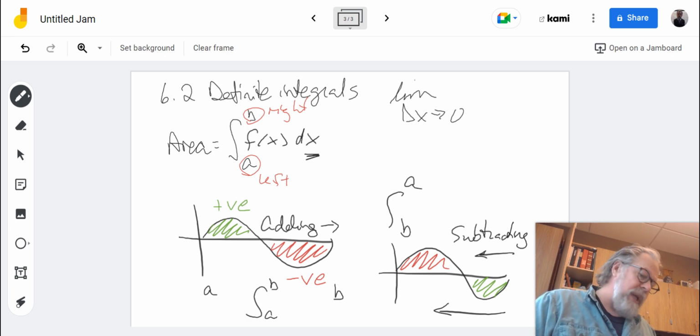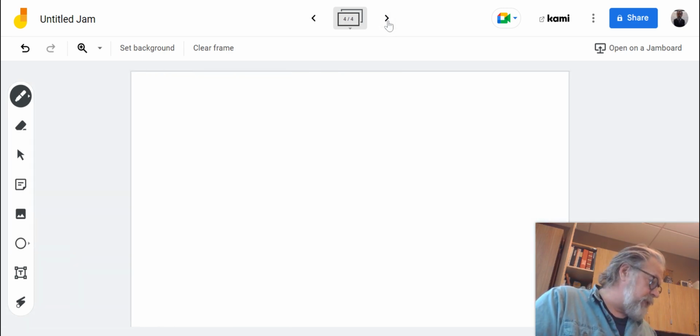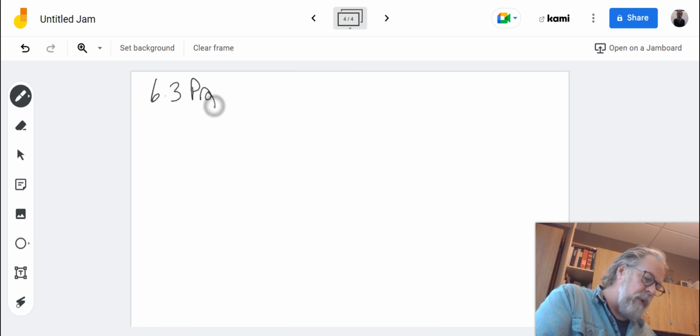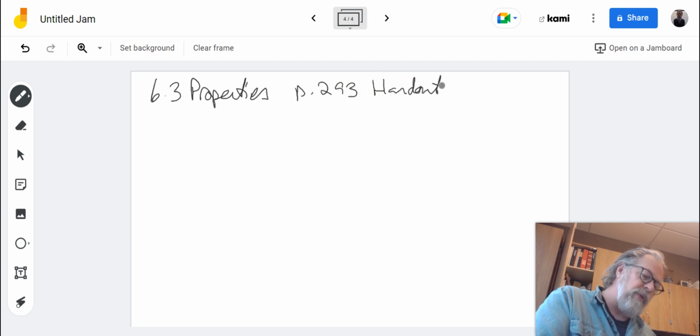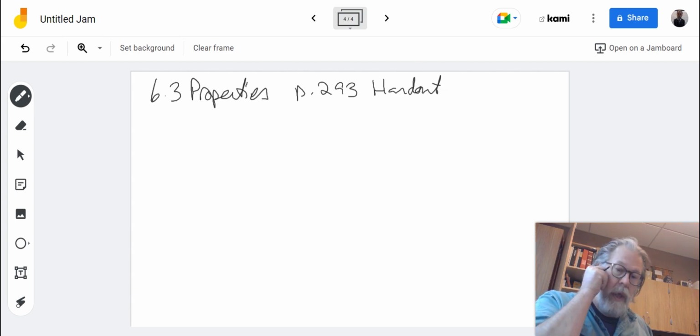Okay, let's see. 6.3, properties of integrals. I'm not going to go over them here in the video. On page 293 of our calculus book, there's a list of properties of integrals. I also gave a handout.